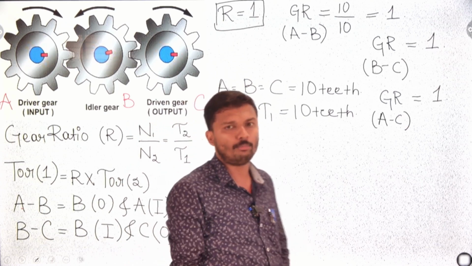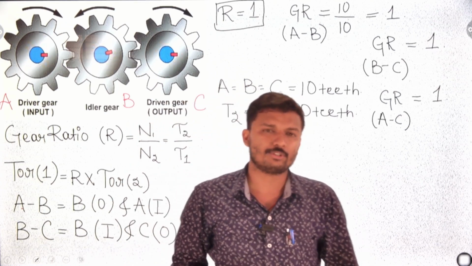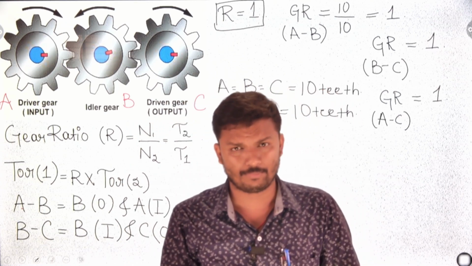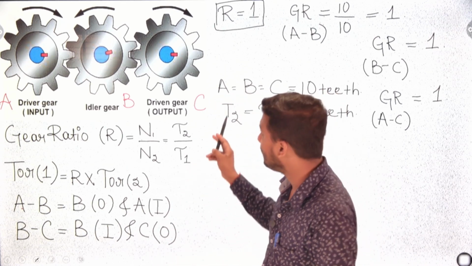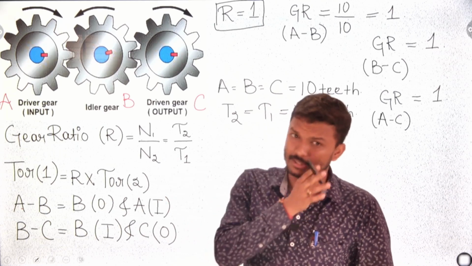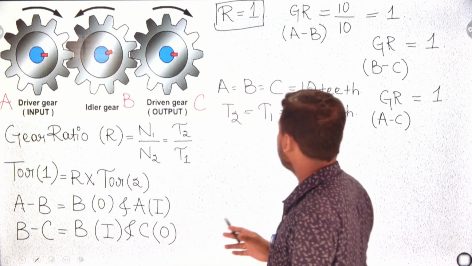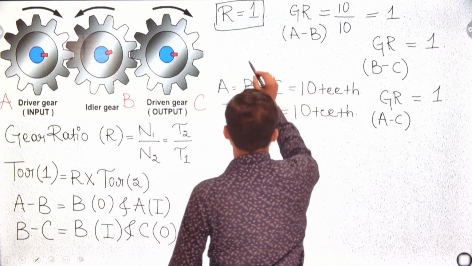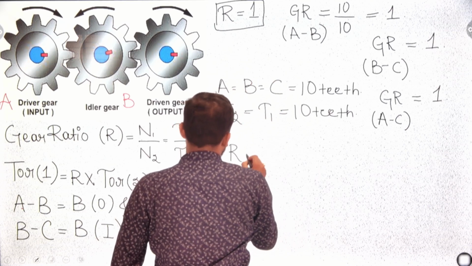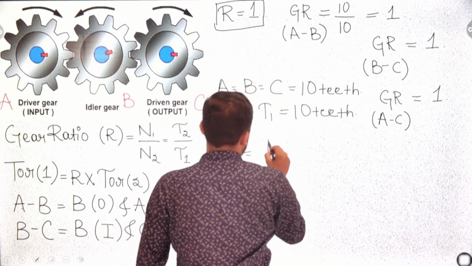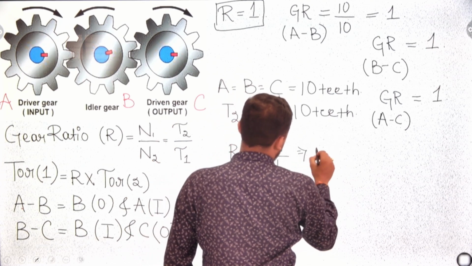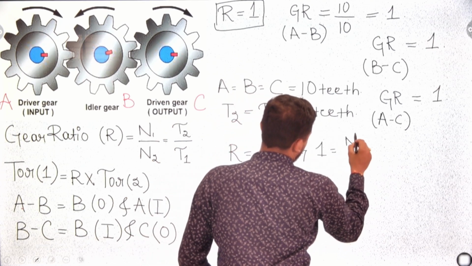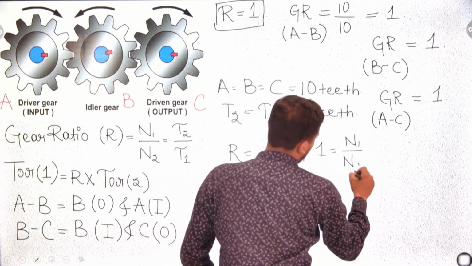In my previous problem, I already discussed changing the gear size in a simple gear train. Now this is the first problem in a simple gear train where the gear size is the same. You know that R is equal to N1 by N2, and R is 1, so N1 is equal to N2.